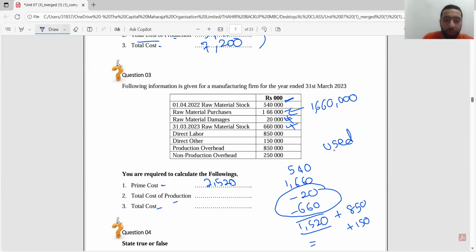So total production cost is, you add 850 here. How much is the value? 3,370. And then you add another 250. You get how much? 3,620. Did you understand this?